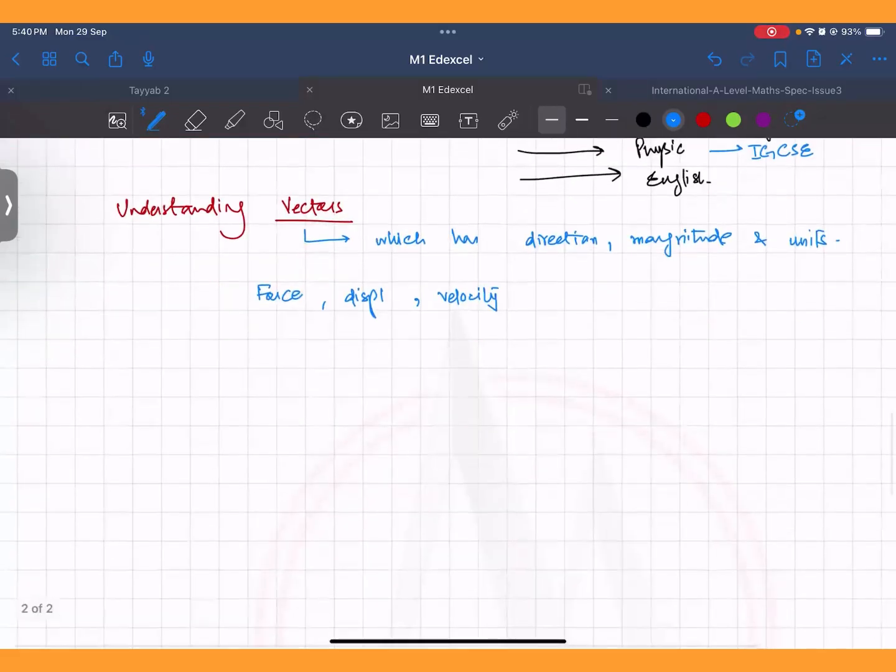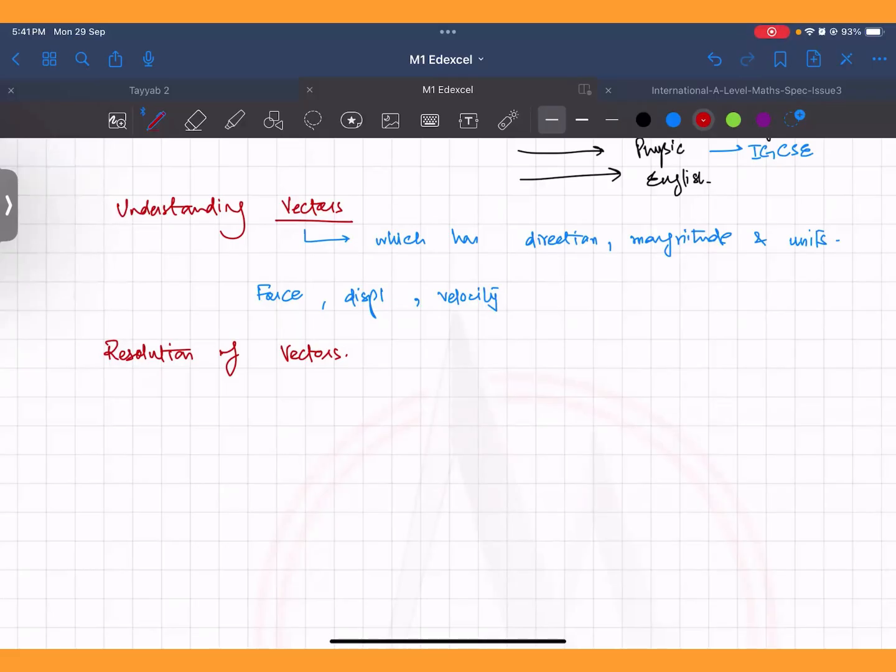When you have vectors, then how to resolve vectors? When you have two or three vectors interacting with each other, resolution of vectors. This is also important. Whatever the vector quantity is for that particular situation, if it is displacement, force or velocity, you can find the resultant vector.